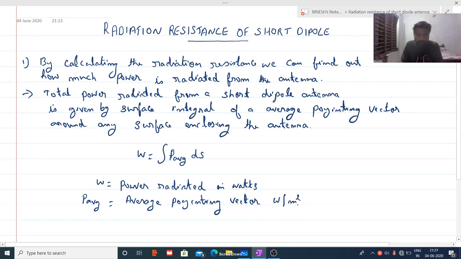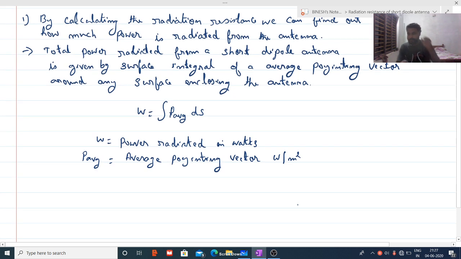That is clear for you, watt per meter square.